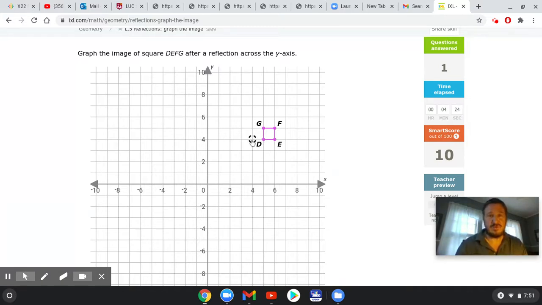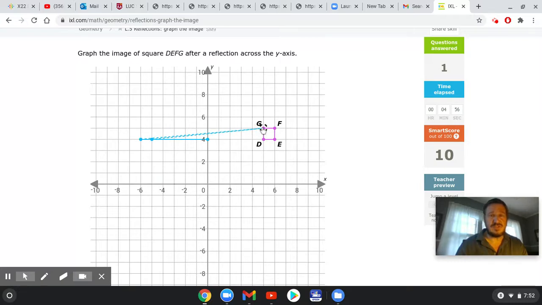When we look at 1, 2, 3, 4, 5, that means it's going to be 5 on the other side. So you're going to move 1, 2, 3, 4, 5, and that should be that one right there. Now if I look at E, I'm looking at 1, 2, 3, 4, 5, 6, so it should be 6 this way. 1, 2, 3, 4, 5, 6, and that should be that one.